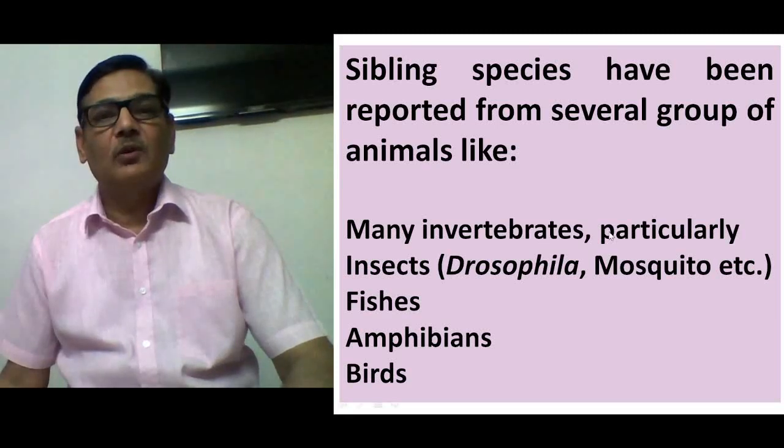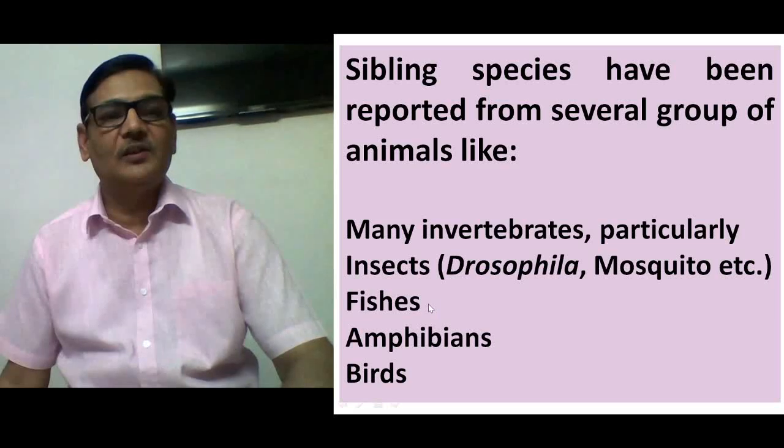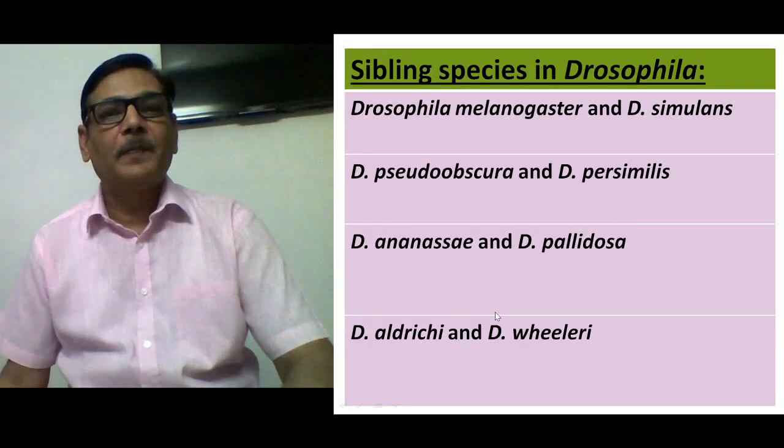We can also observe sibling species in insects, like in Drosophila, and some species of mosquito are known to be sibling. And in the case of fishes also, certain sibling species have been observed. Among amphibians, certain species are known, and even in the case of birds, cases of sibling species are there.